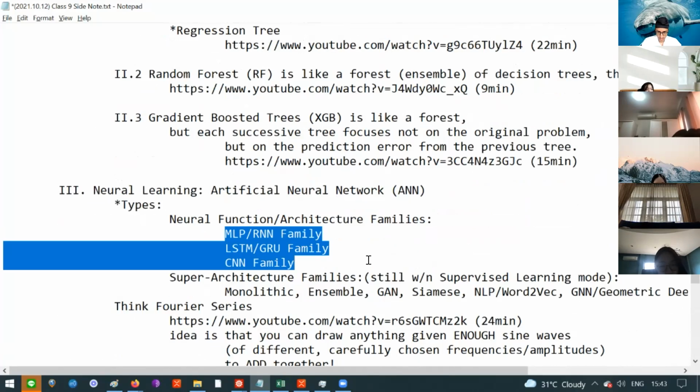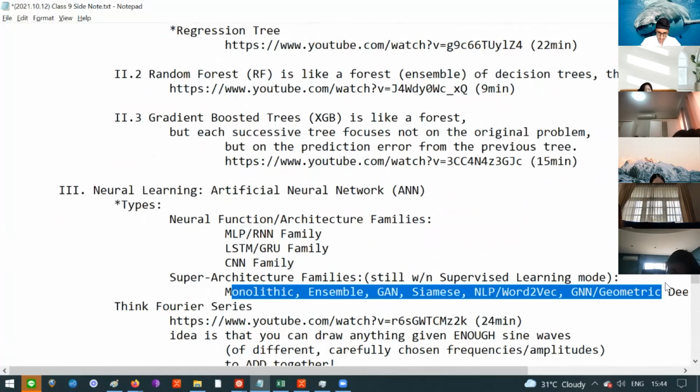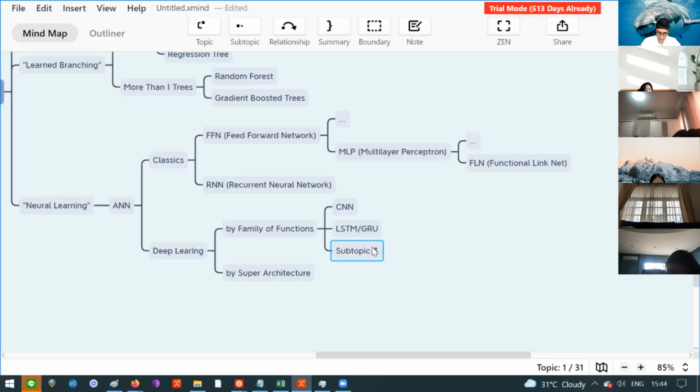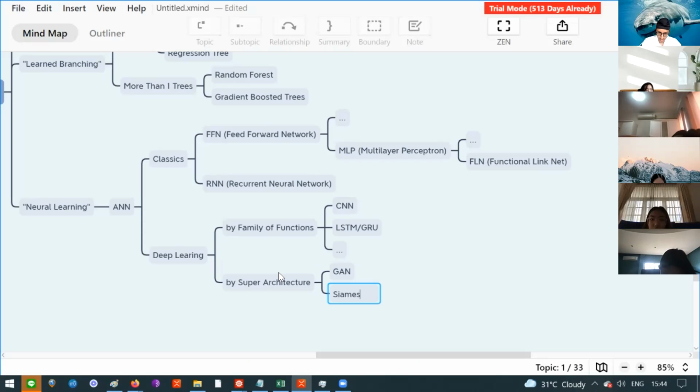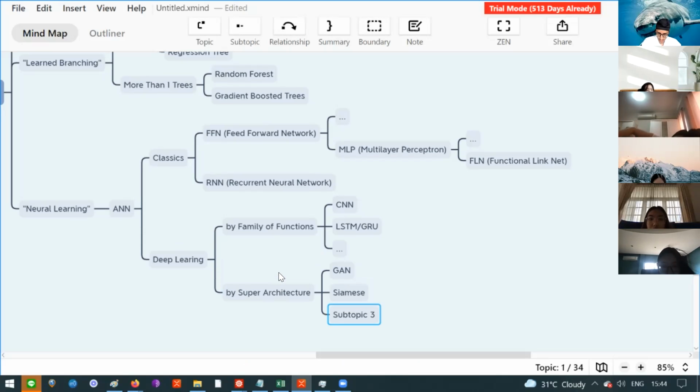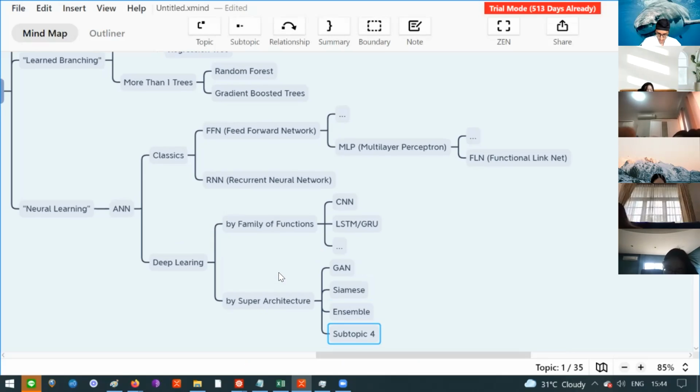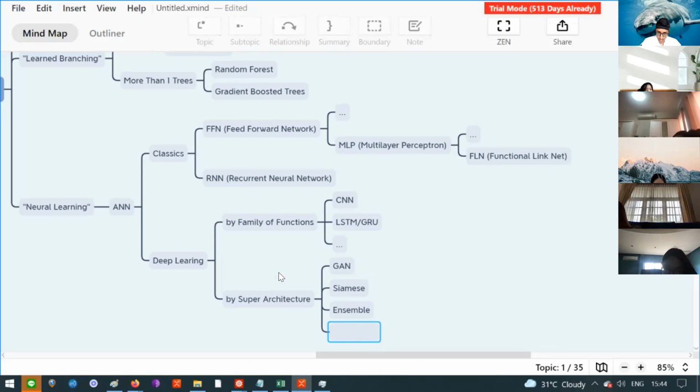So CNN is a family. Now this thing is the one that I'm talking about by super architecture. Super architecture meaning all kinds of stuff. I'm not going to cover that right now.